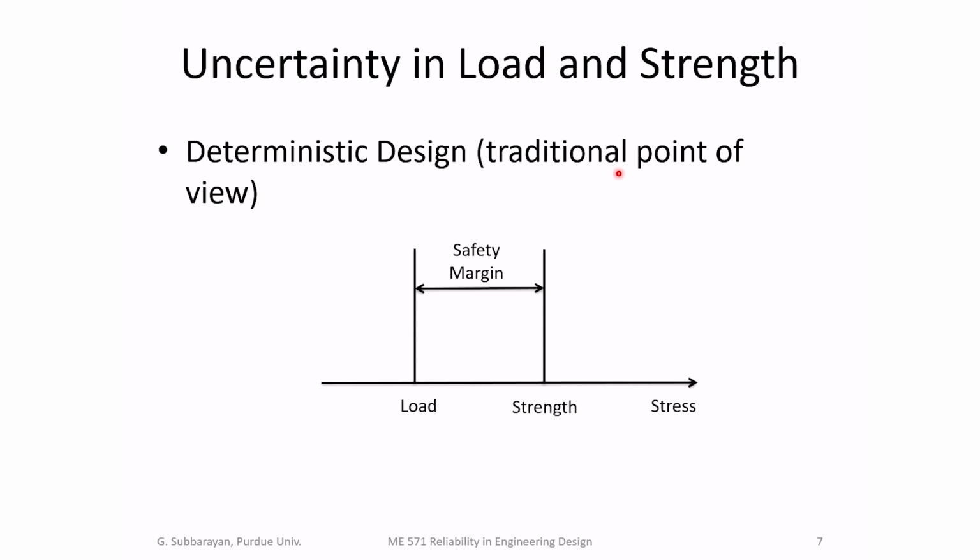So if I have a deterministic design, a traditional design point of view, we have load as one fixed value, strength as a fixed value, and then we apply a safety margin or a safety factor to make sure that load is always less than my strength. That ensures that we have a reliable product. However, we still might have failures.